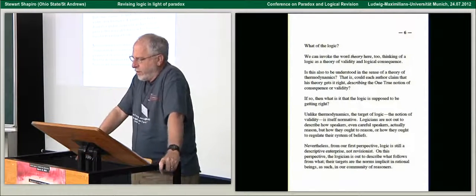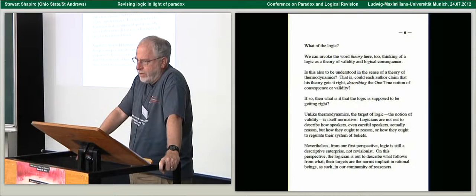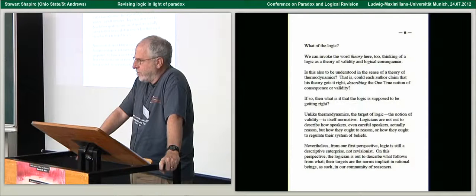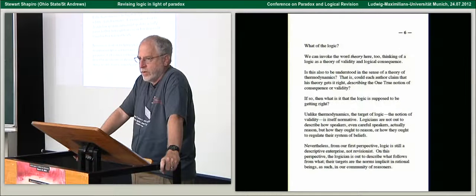That is, could each author be claiming that his theory is getting right the one true notion of consequence or validity? So there is just one notion, and here's my theory of it. If so, then what is it that the theory is supposed to be getting right? What is validity? We talked about that already today, and we will some more.